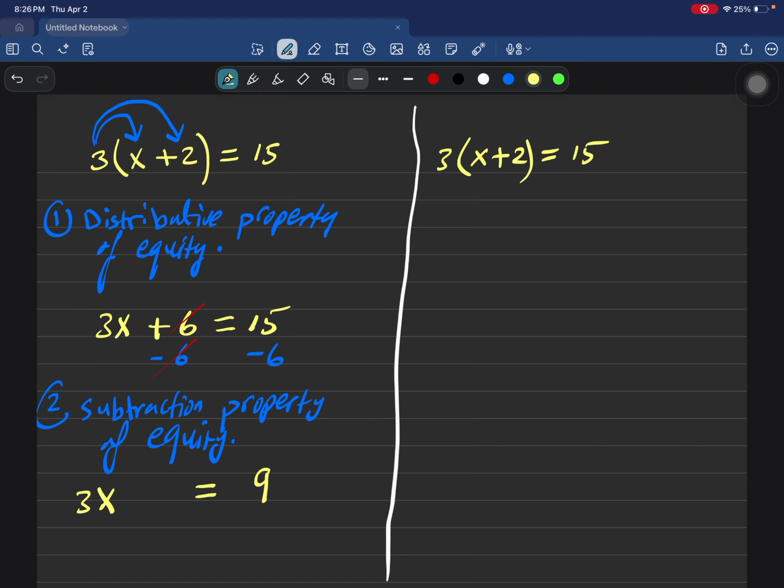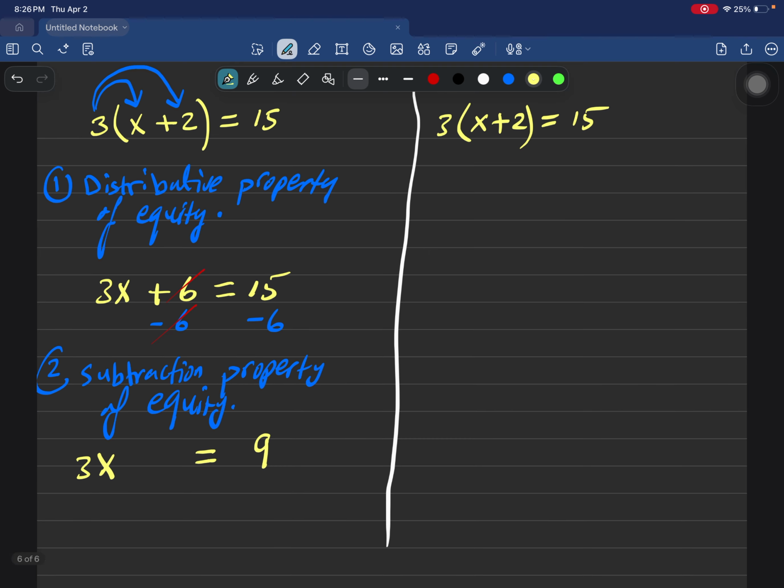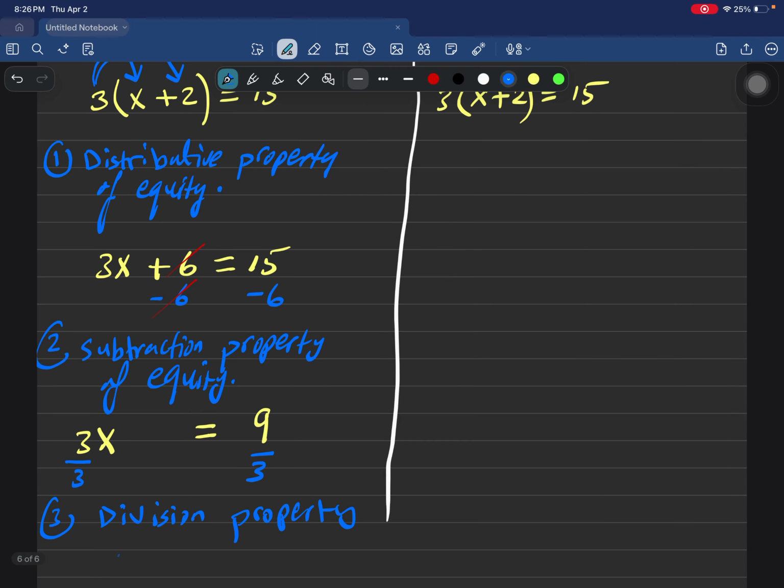Okay, the next step is dividing this side by 3 and dividing this side by 3, and in this step we call this property the division property of equity.